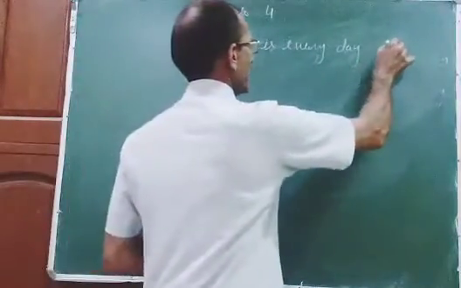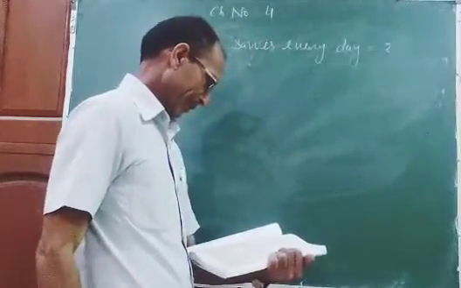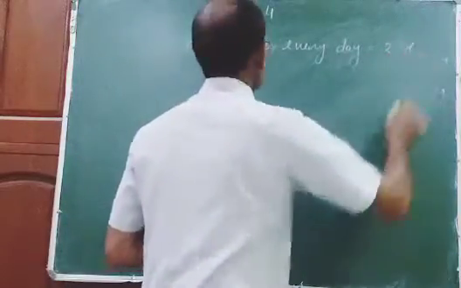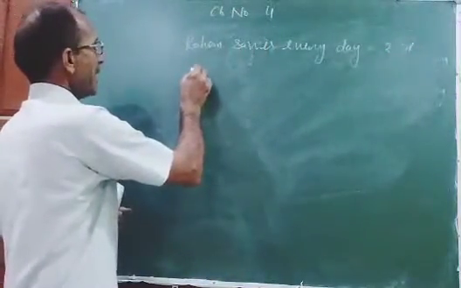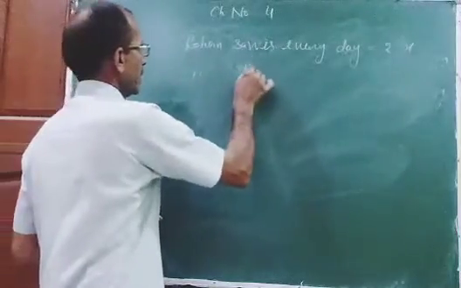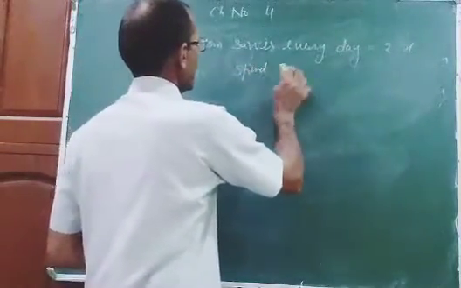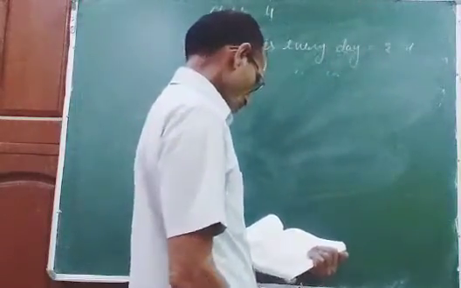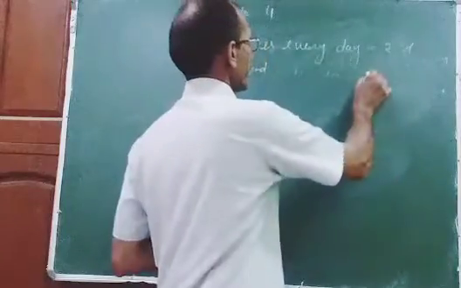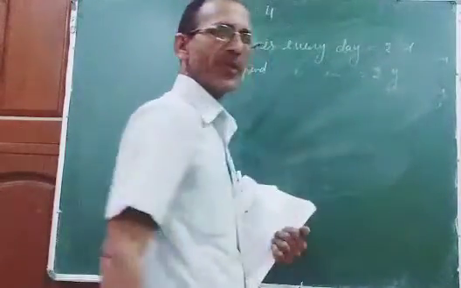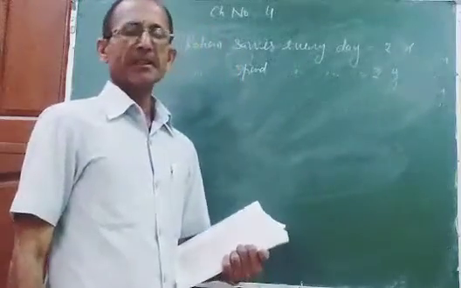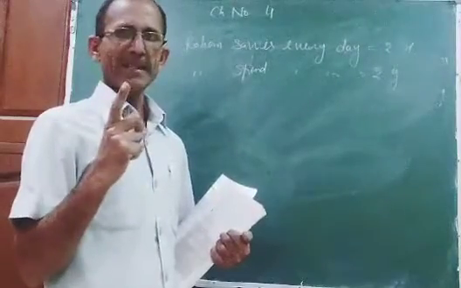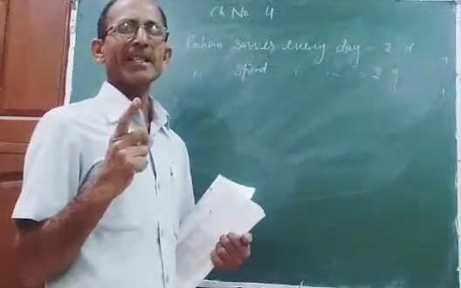Rupees x. How much does he spend every day? Rupees y. So after 3 weeks: 1 week has how many days? 7 days. So in 3 weeks, how many days are there?